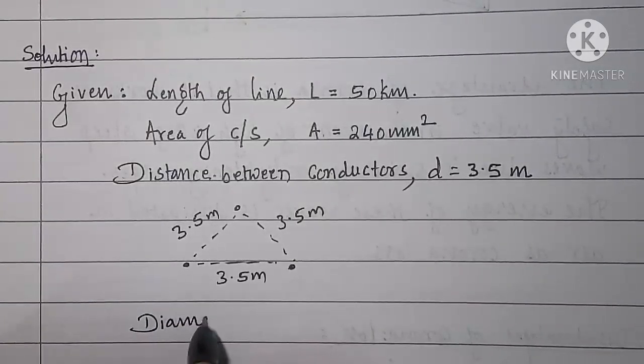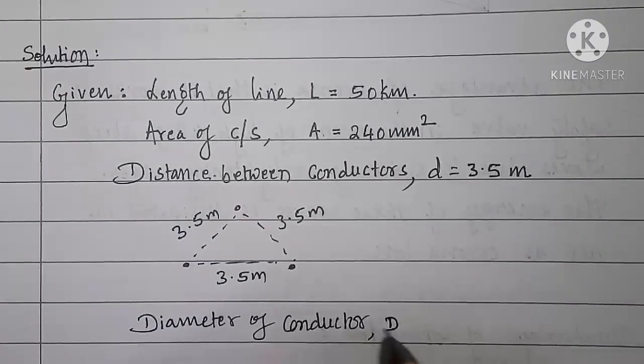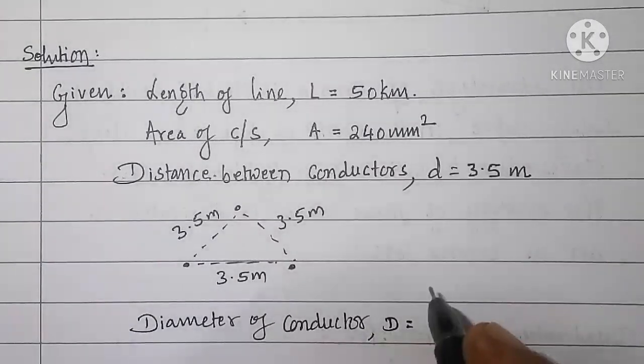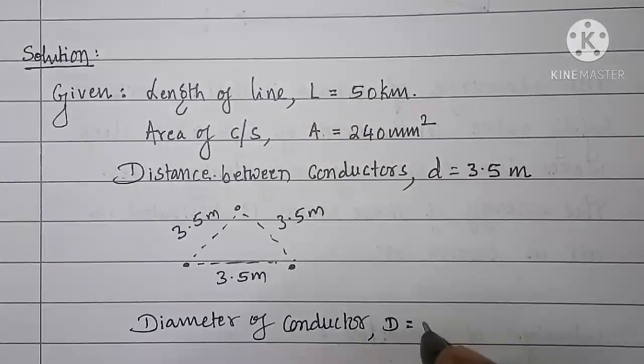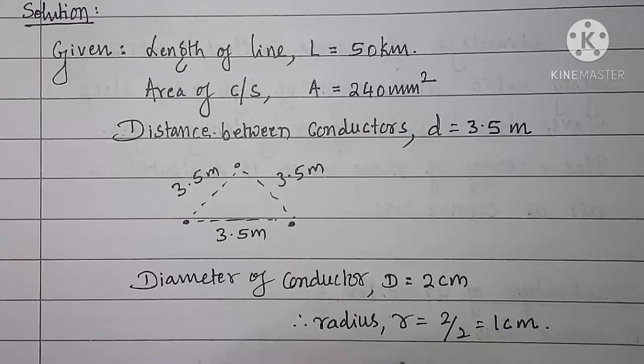Diameter of each conductor D equal to 2 centimeters. Therefore, radius small r is equal to 2 by 2 equal to 1 centimeter.